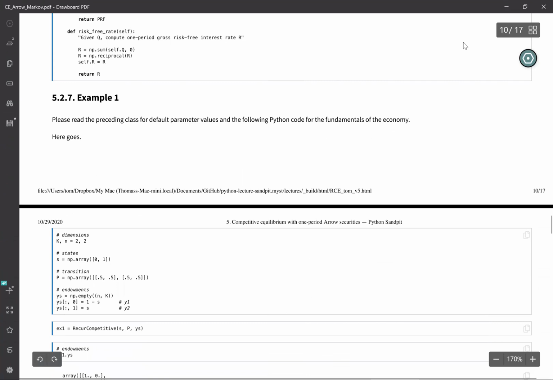The way we can read this example is, I'm going to begin with two people and two states. The transition matrix is going to be really boring, essentially IID. And then I'm going to have a default value of beta.